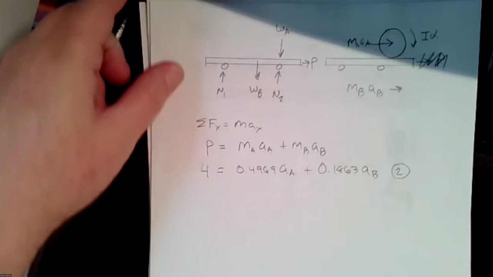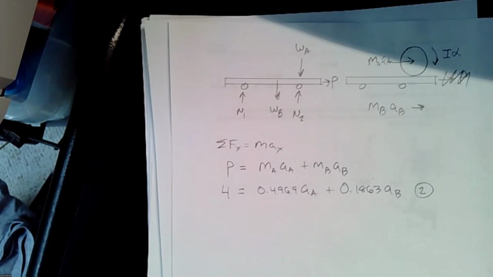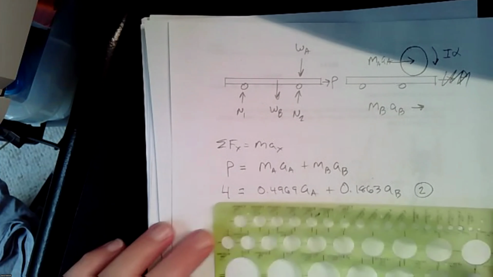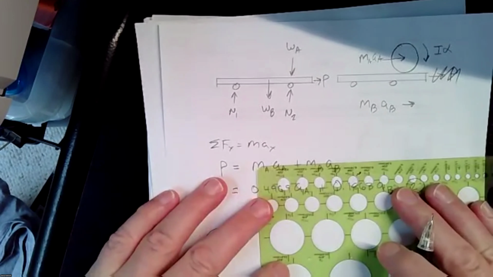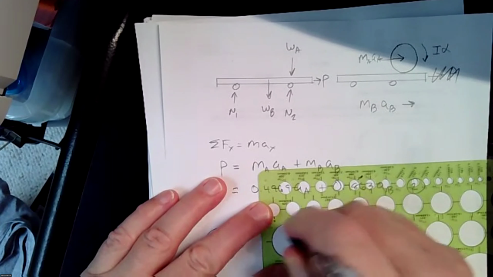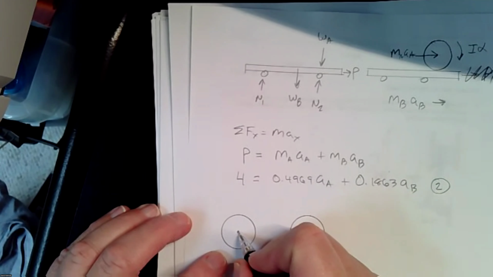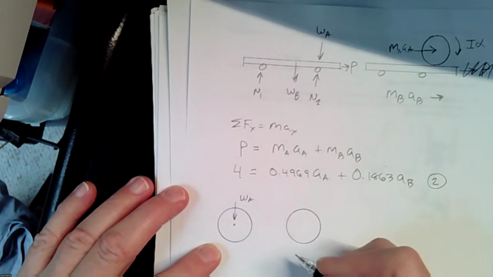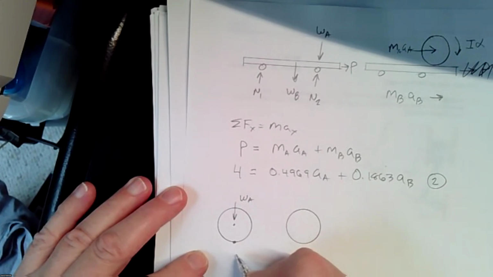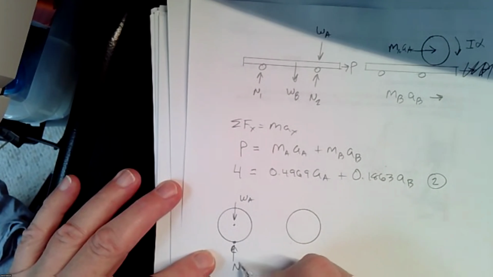Now we go down to our circles. Perhaps I should have drawn those a little closer. Let me draw a couple of circles. These represent the cylinder A. For A, we know it's going to have the weight of A. And that's our point C, our instant point of no rotation.